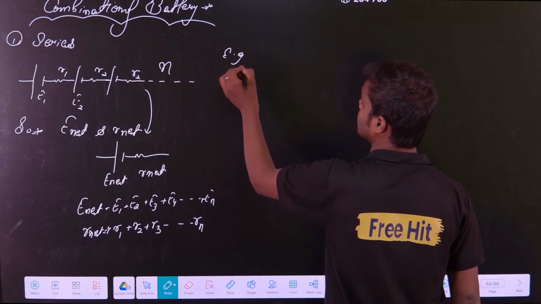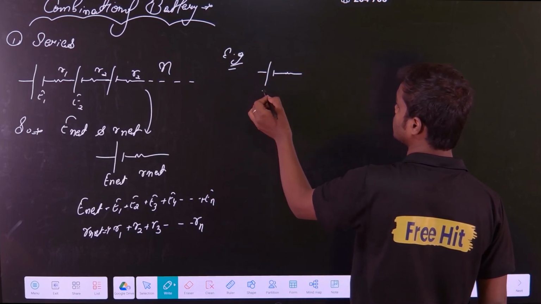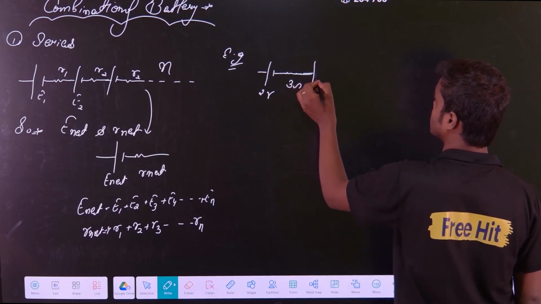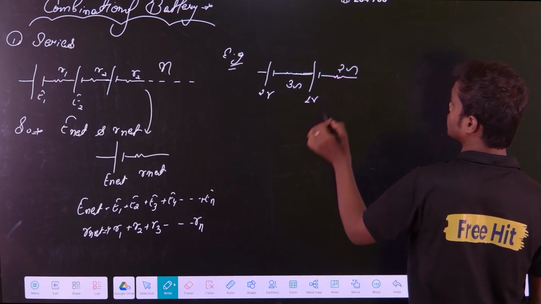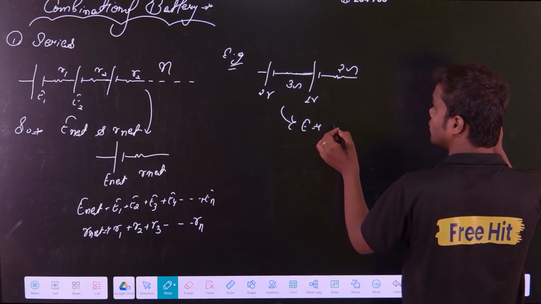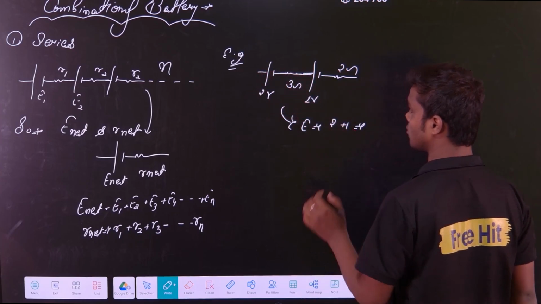Now in this I want to take an example. Let us suppose example 1, because I want to make all the concepts very clear. Suppose this is 2 volt, this is 3 ohm, and suppose this is 1 volt and that is 2 ohm. If I want to replace them, I will write E is equal to 2 plus 1, because they are in the same manner. Why the same manner?